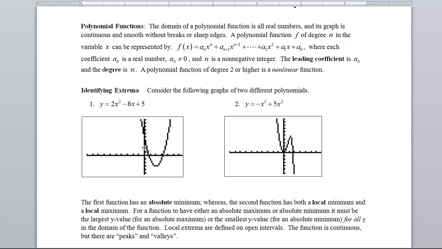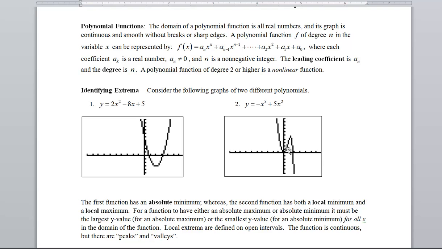So if I look at the whole entire picture, this one right here would be an absolute min because this point right here is the smallest y value that's going to occur on the whole graph. That's why it's called absolute, one and only. Now this one, on the other hand, this y value here, if I look at the whole entire graph, is not the smallest y value.